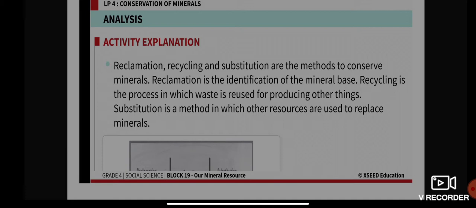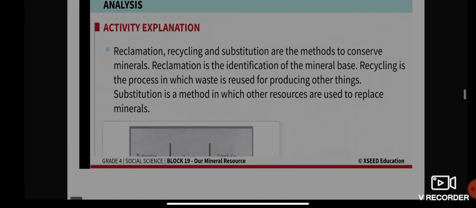Recycling is the process in which waste is reused for producing other things. And substitution is the method in which other resources are used to replace minerals, like solar energy in place of coal to produce electricity. Such a method is known as the substitution method.